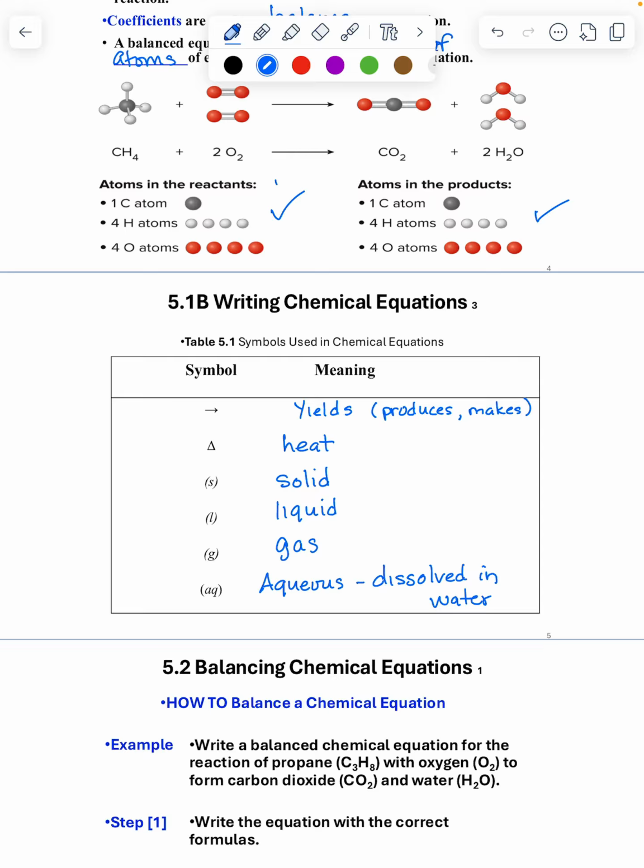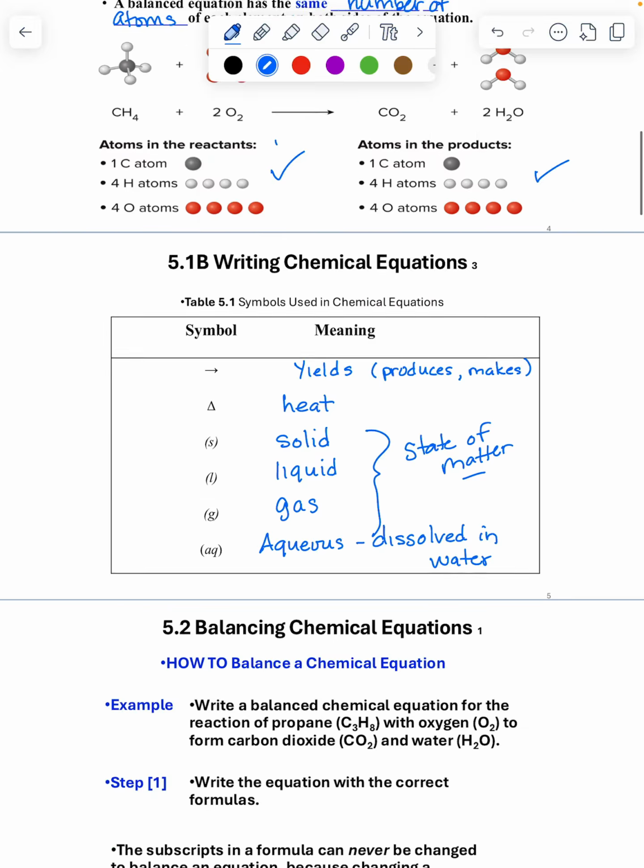These last four symbols are talking about the state of matter of a particular substance. When you see these written in a chemical equation, you should be able to interpret them.